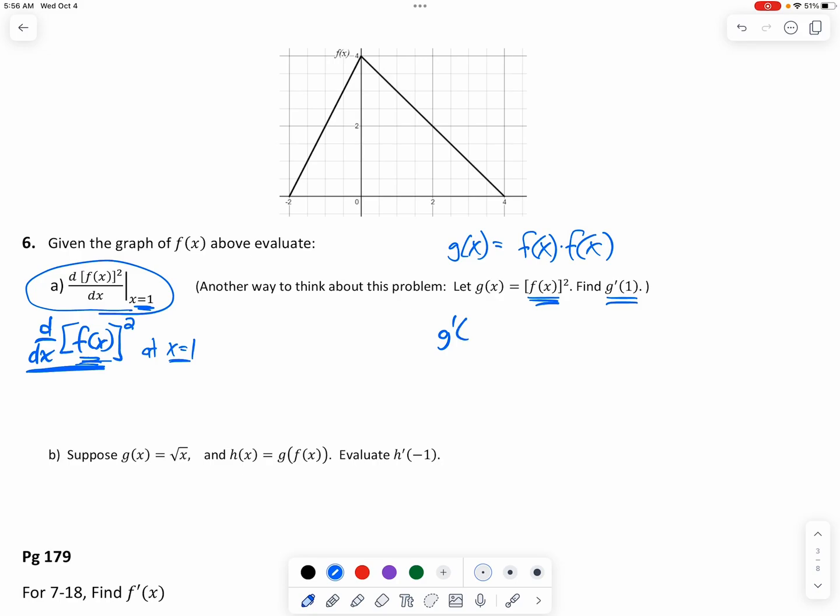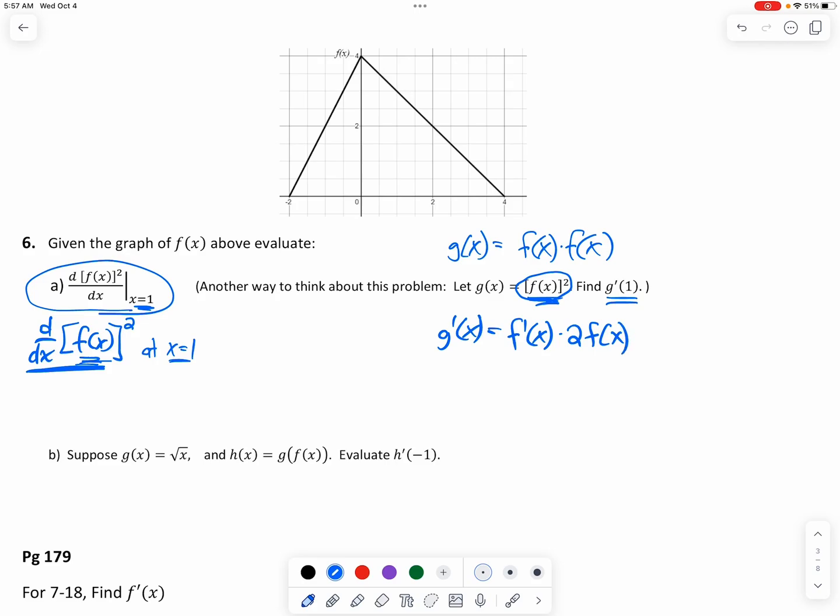So g prime of x, using the chain rule, is the derivative of the inside, which is f prime of x, times the derivative of the outside. That's a squaring function, so I'd use the power rule, 2 times f of x to the first.